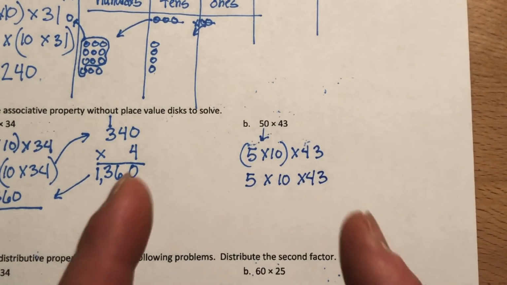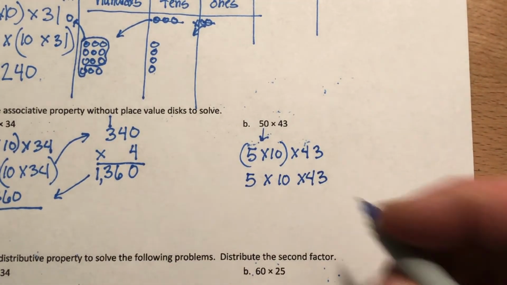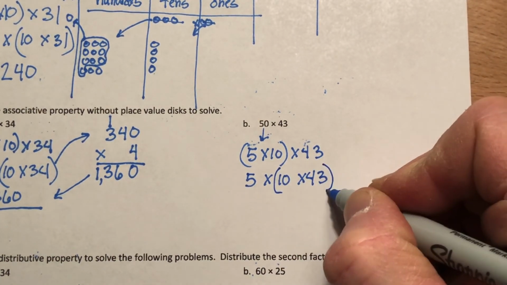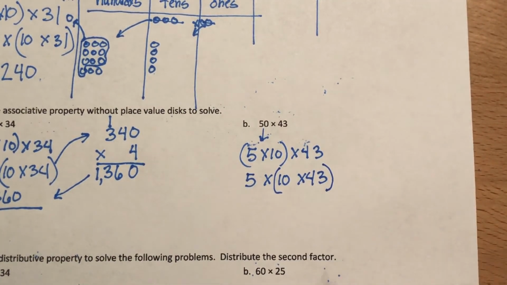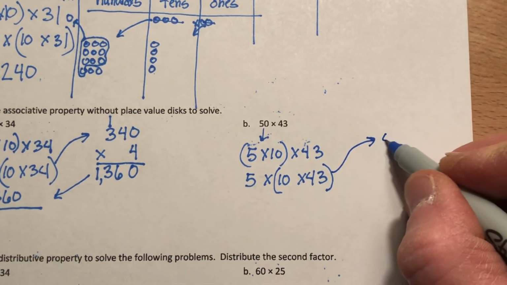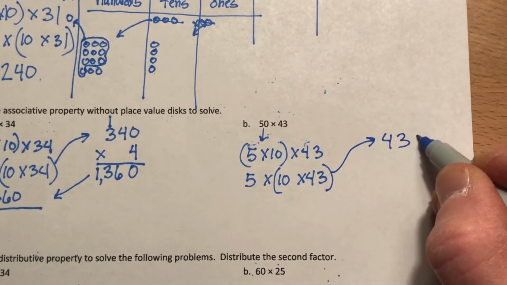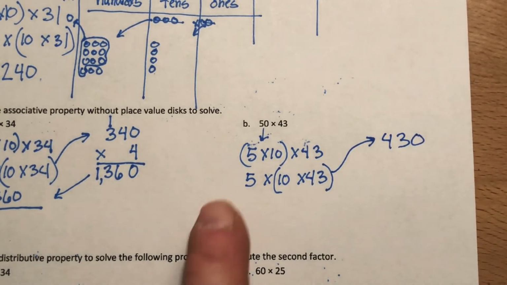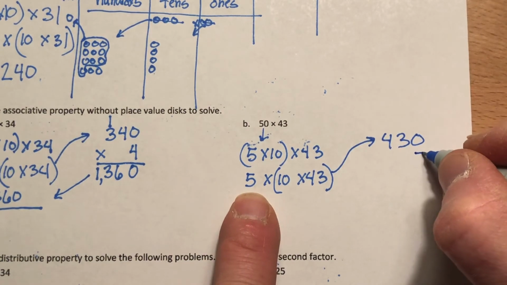But now, I'm going to take my parentheses and slide them over to this, because anything times 10, all I do is put a 0 on the end of the other number. Remember that? So 43, put a 0 on the end. 430. Now I multiply all that by 5.